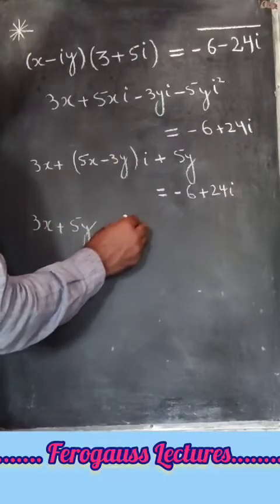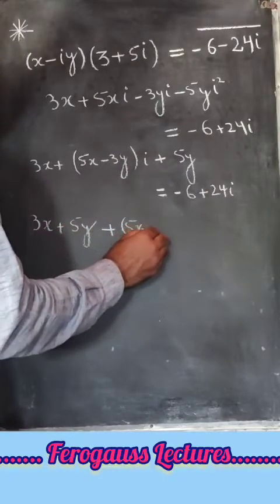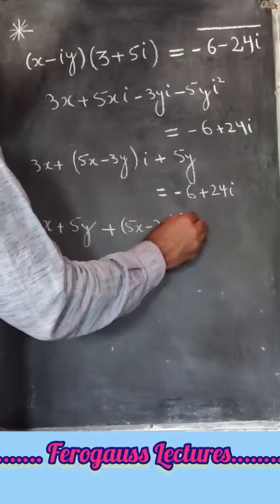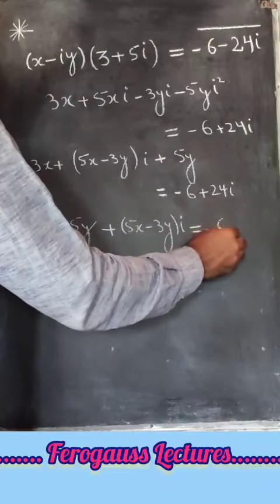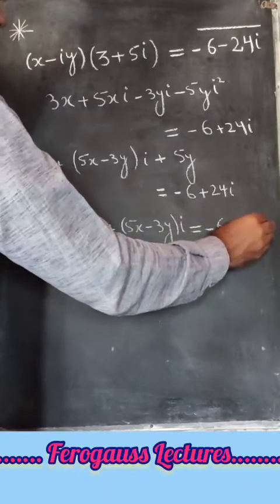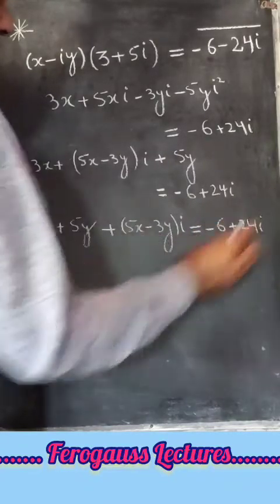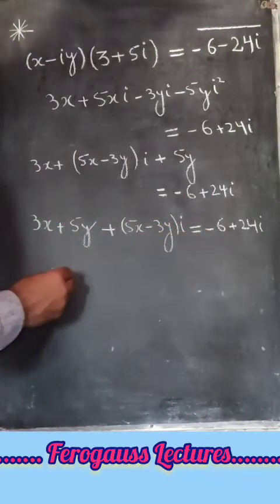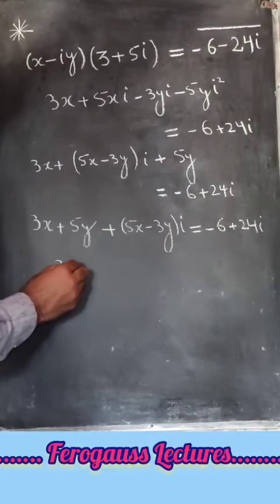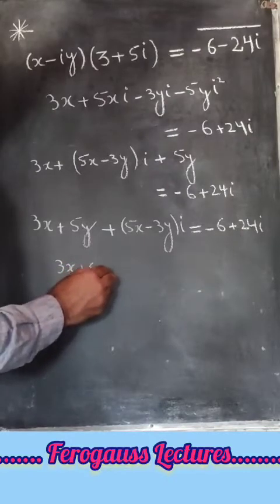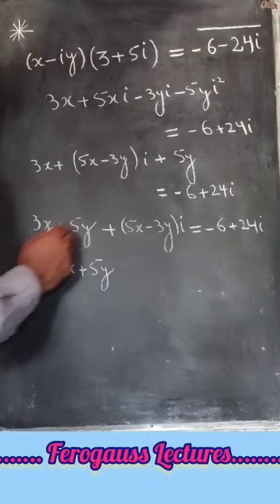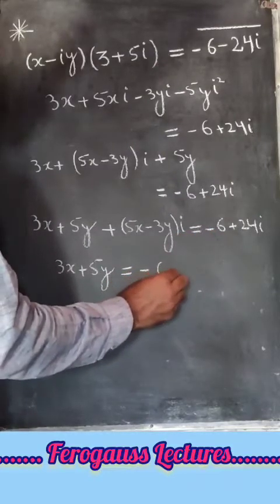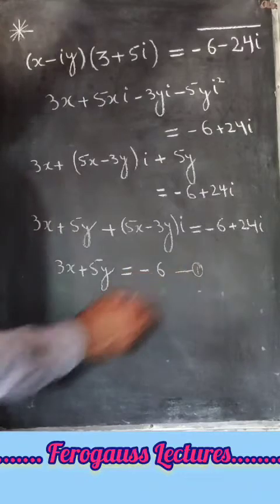Then we have plus 5x minus 3y, and this is the imaginary part, is equal to minus 6 plus 24 iota. Now equating real and imaginary parts on both sides, we get 3x plus 5y, that is real part, is equal to real part of this side, that is minus 6. Name this as equation first.